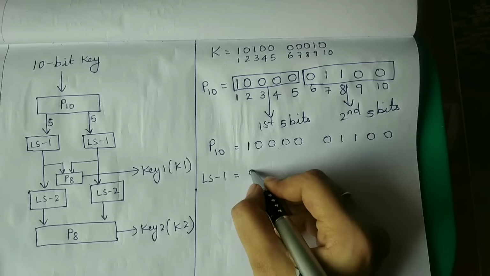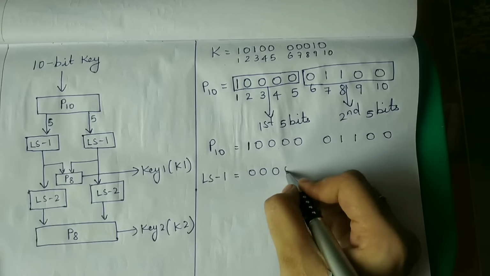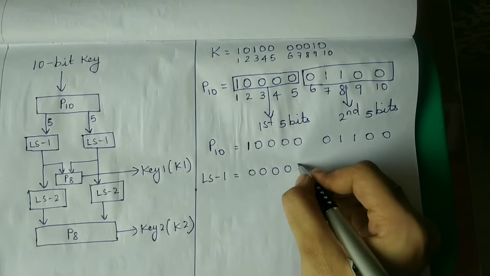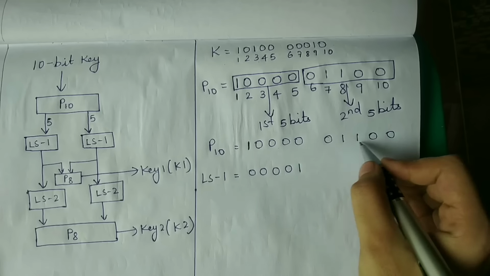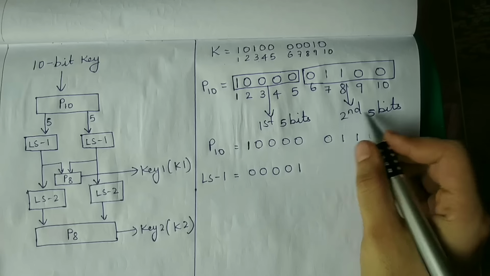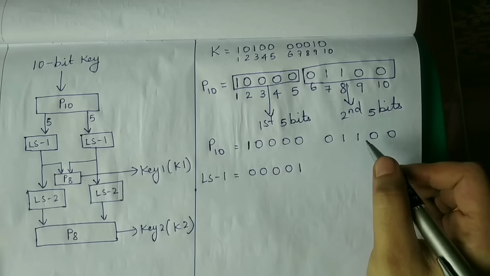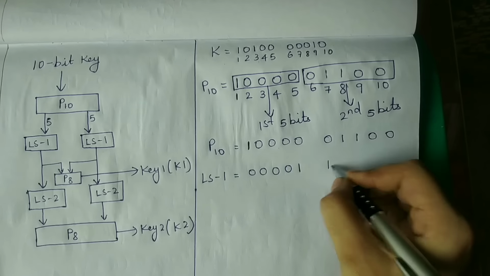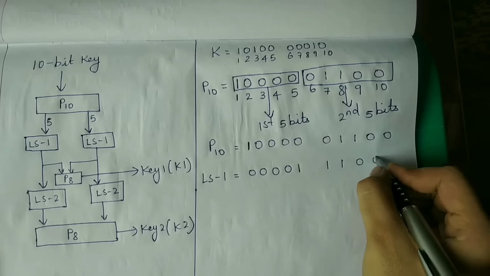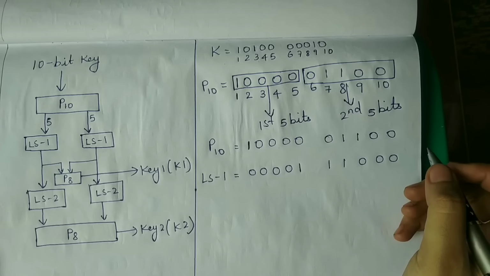So 0, 0, 0, 0 and this bit has come over here. Similarly for this also, the first bit will go to the last. The remaining will be as it is. 1, 1, 0, 0, 0.